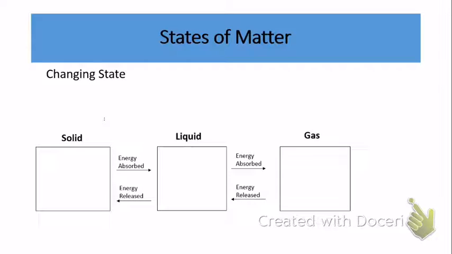So solid. In the box here, I'm going to draw little circles, and each one of these circles is going to represent a particle that is in the solid state. Now, in the solid state, particles are tightly packed together. They're really super close.